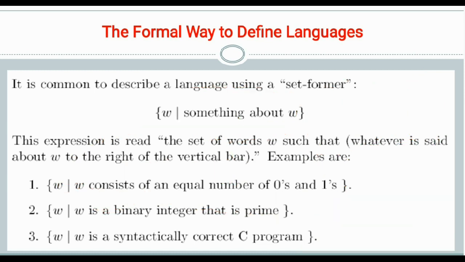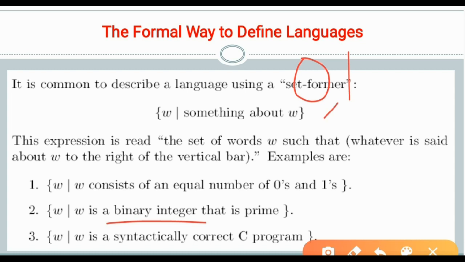And coming to the second example, w / w is a binary integer that is prime. So you are taking the prime values. You know about binary numbers, a combination of zeros and ones. So it's a binary integer and it should be a prime number.